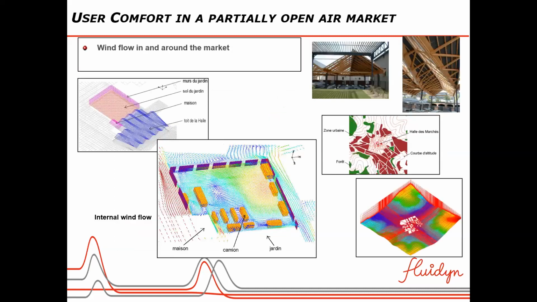A few more consultant studies: flow around the market area. Suppose the wind is there, how will the velocity distribution become? In this case the atmospheric wind velocity was also considered, and the velocity distribution was the main interest.